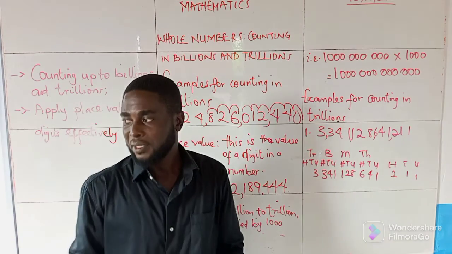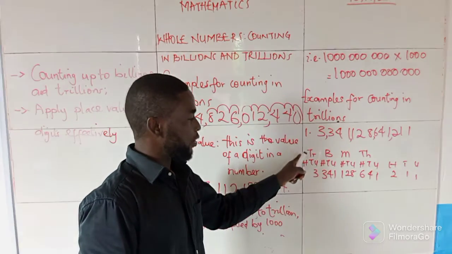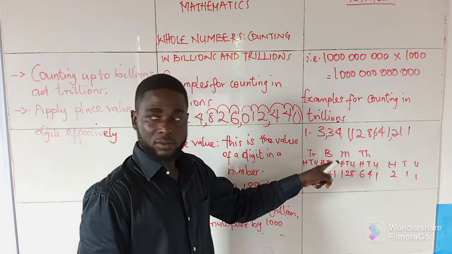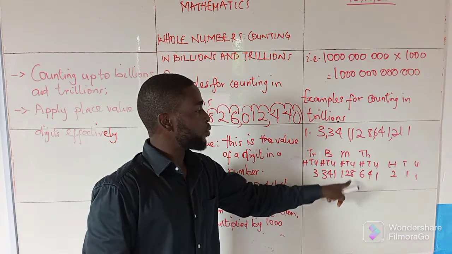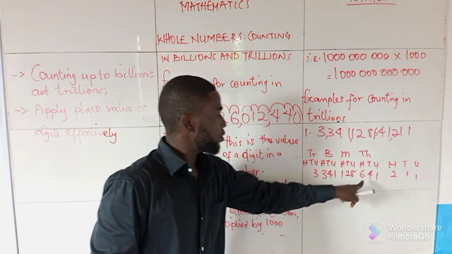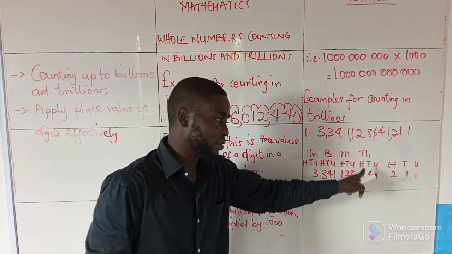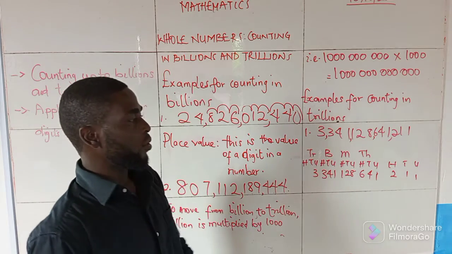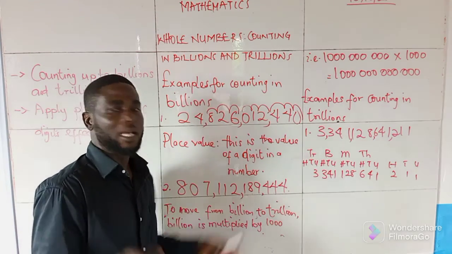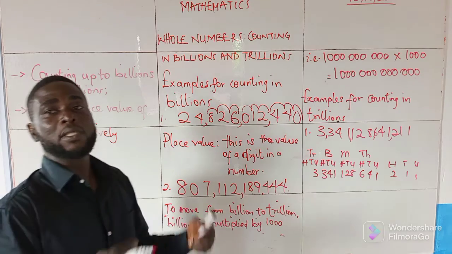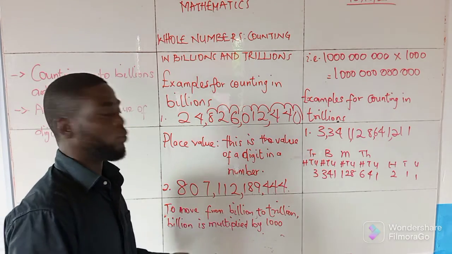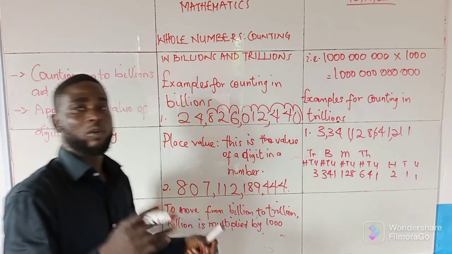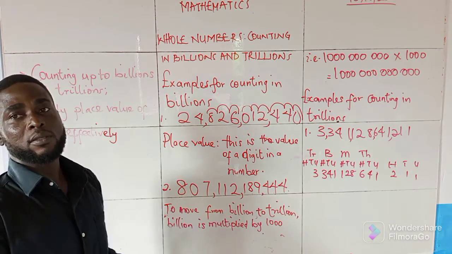So we say 3 trillion, 341 billion, 128 million, 641,211. So at this point you should be acquainted with what is expected of you when you see a large number, and the identification of the place value of each digit in those large numbers.